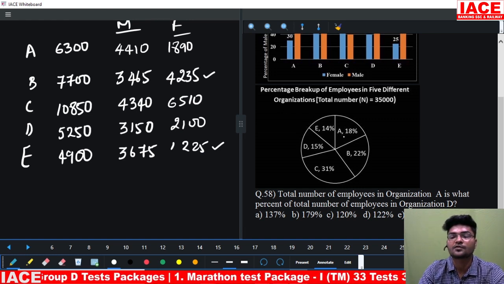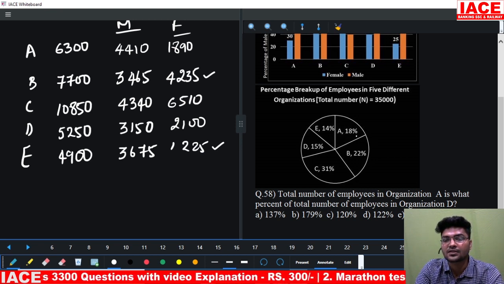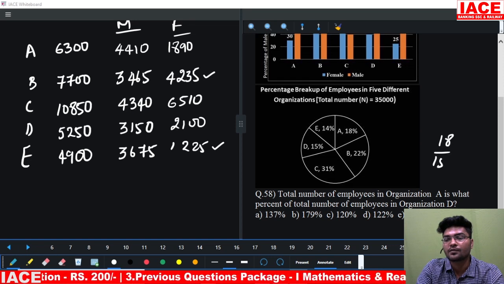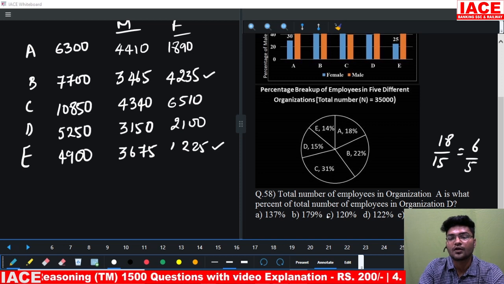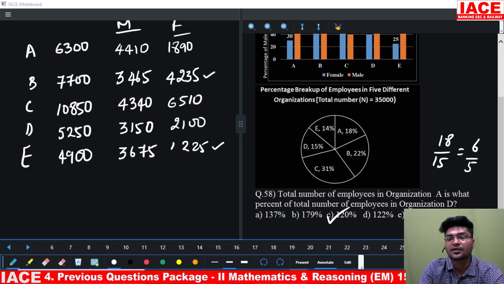We are talking about total employees, not about males and females. So directly we can take from the percentage. A is 18%, D is 15%. So 18 by 15, which means 6 by 5. 6 by 5 means 120%. Option C is the correct answer.